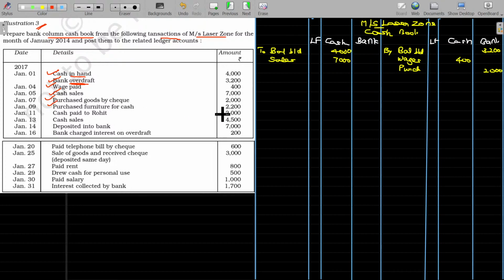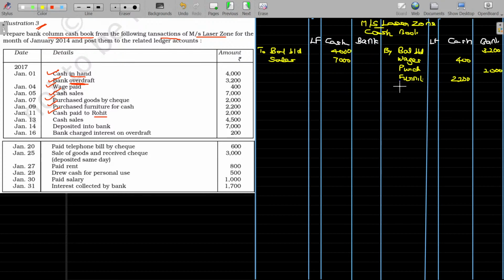Purchased furniture for cash, 2,200. In the payment side, I name this furniture, the value being 2,200 by way of cash. Cash paid to Rohit.